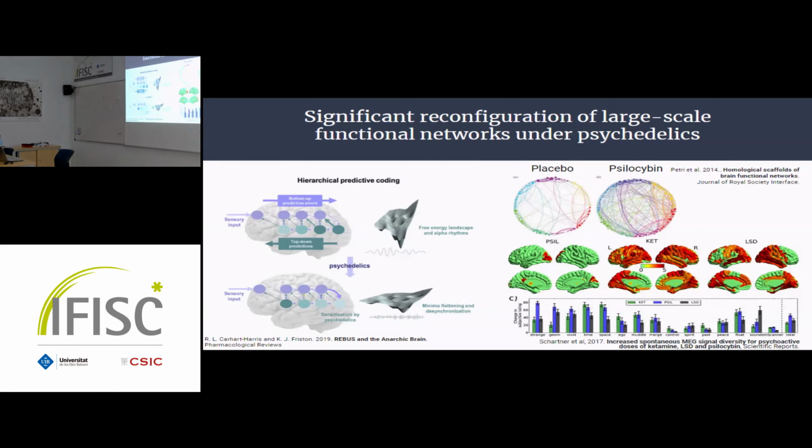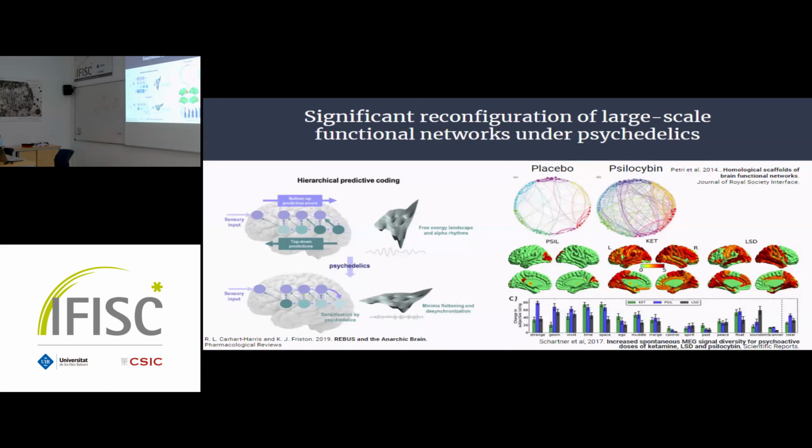And then you have this kind of energy landscape that has specific and deep basins of attraction. The idea with psychedelics is that they will increase the entropy of the system, flattening the landscape and changing the dynamics of the hierarchy, flattening it a little bit more. You can check this review here, where they express more this idea of the anarchic brain under psychedelic drugs.